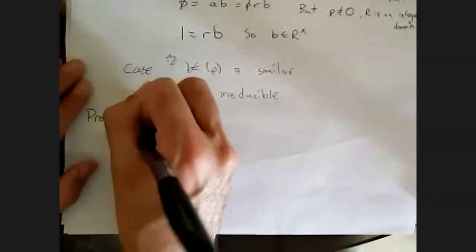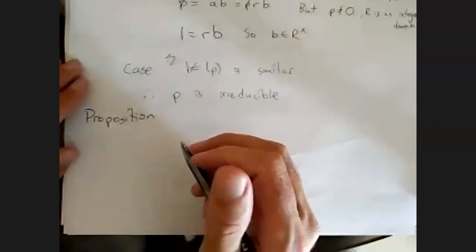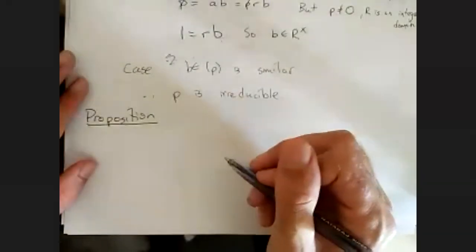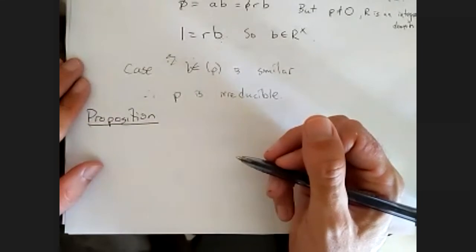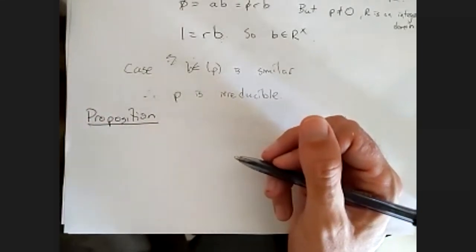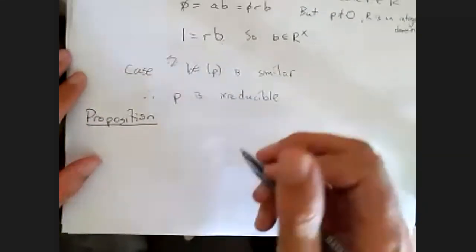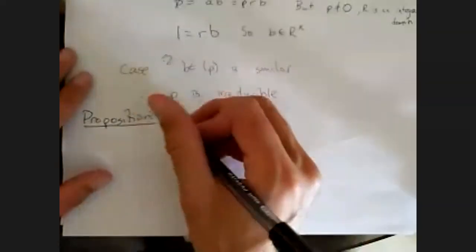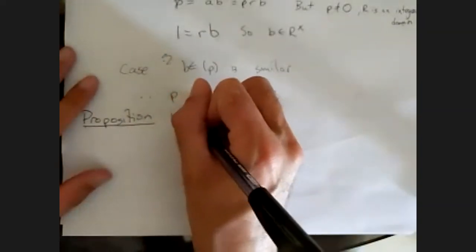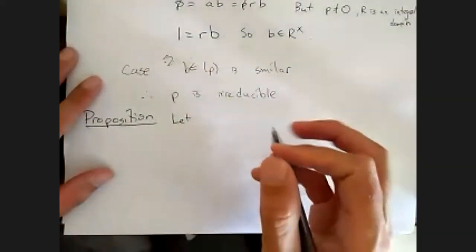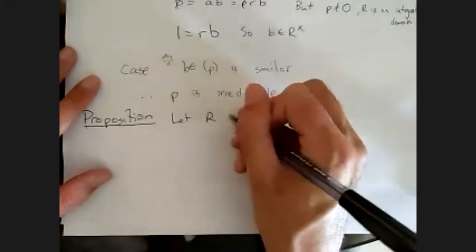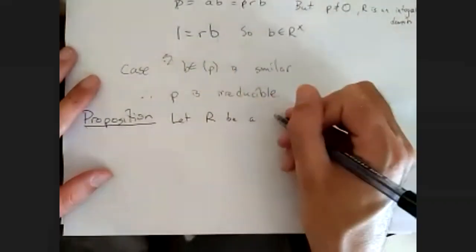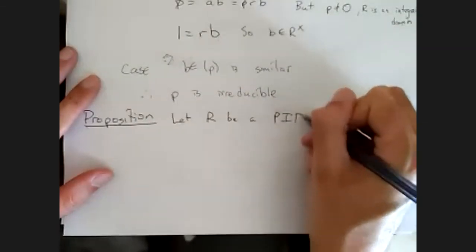So we have another proposition. After we prove this proposition, we'll take another break, and then after that break, we'll do some different examples. So the proposition is: let R be a principal ideal domain, PID.